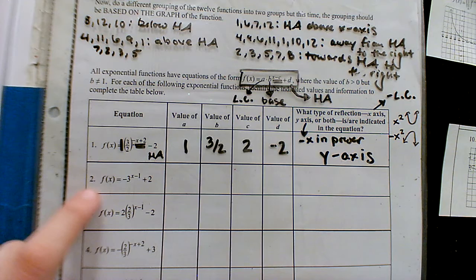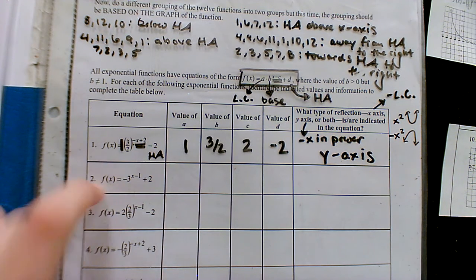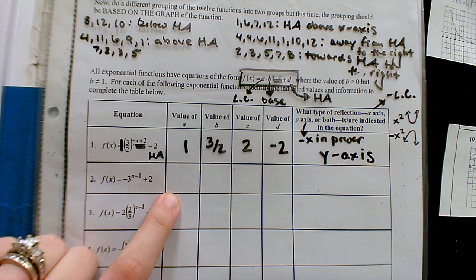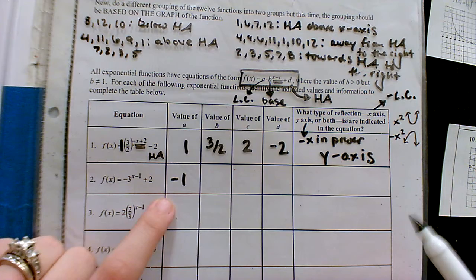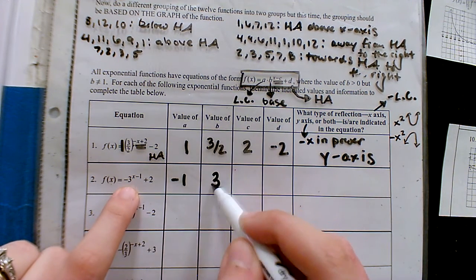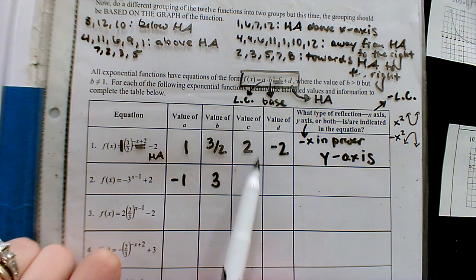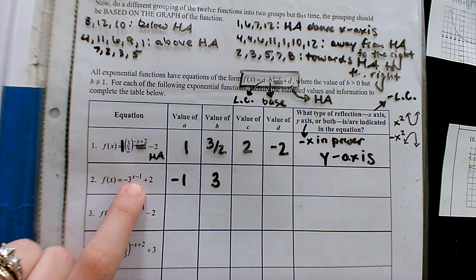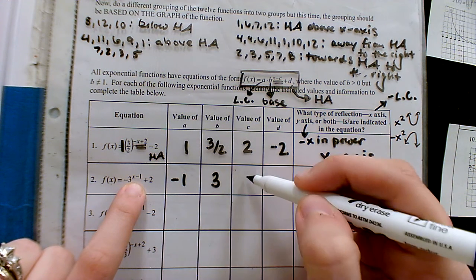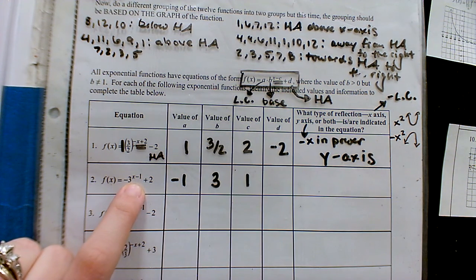All right, let's try 2. Can we see if there's a leading coefficient out front? Remember, a base will never be negative. So, yeah? -1, okay? Which means the base is 3. The value of C, the number that would make the power 0, would be 1.